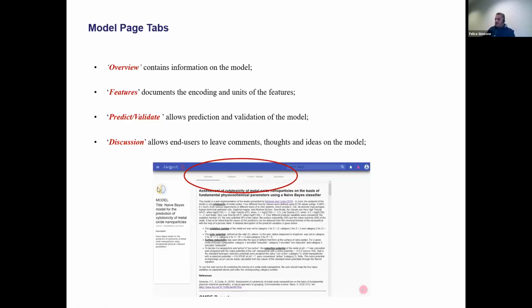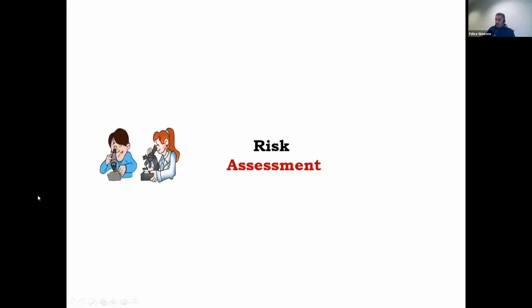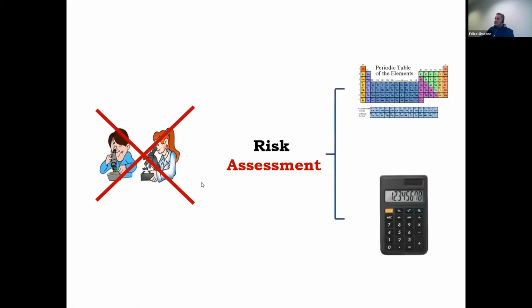Everything available to everyone. And thanks to this implementation, we actually can say that we can run a risk assessment when we are designing new materials without running any experiments, but just with a periodic table and calculations that the Jaqpot does for us.